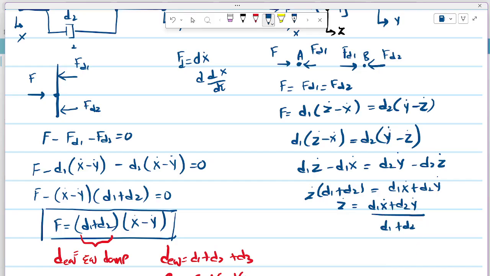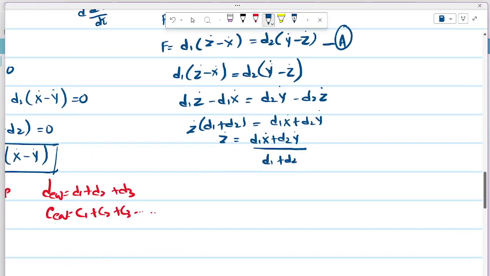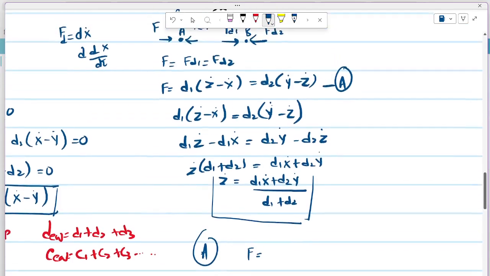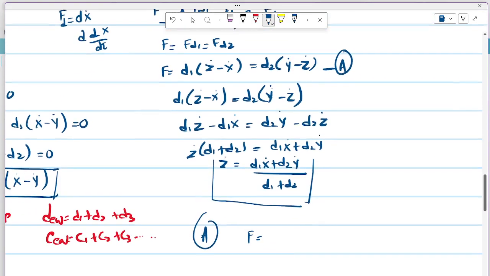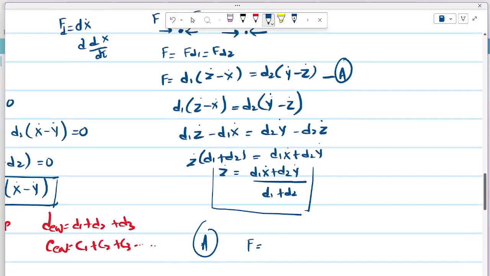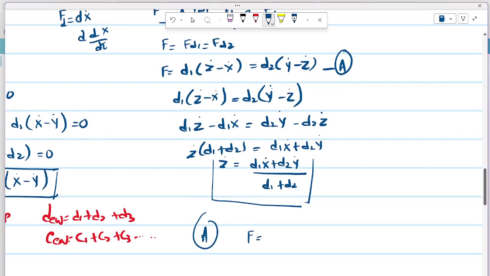So now we have to substitute this one into our original equation. Let's call it A. I should have named it before. Now we have to substitute the ż in our equation A. So F is equal to d2 (ẏ minus ż).